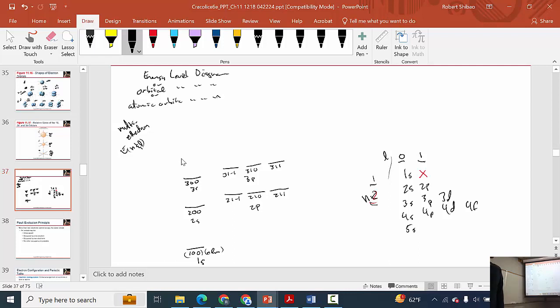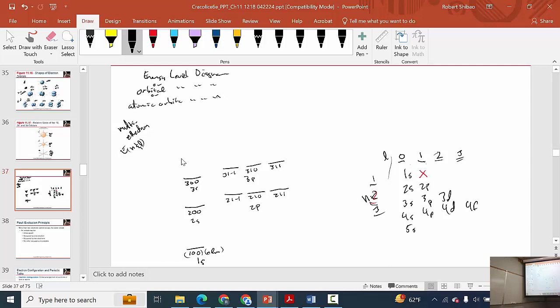Yes. That gives me my 2p. Can I have 2? No. I can't have 2 because that exceeds the max. So we got to stop there. When n equals 3, I could have 0, 1, and 2. But can I have n equals 3? No.